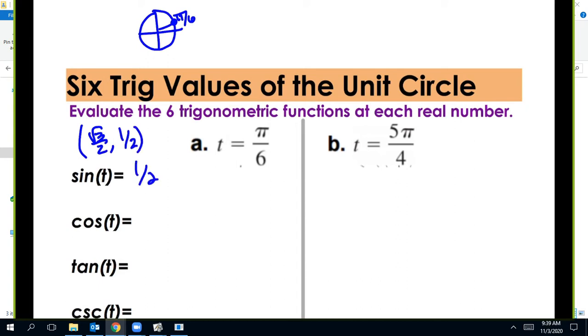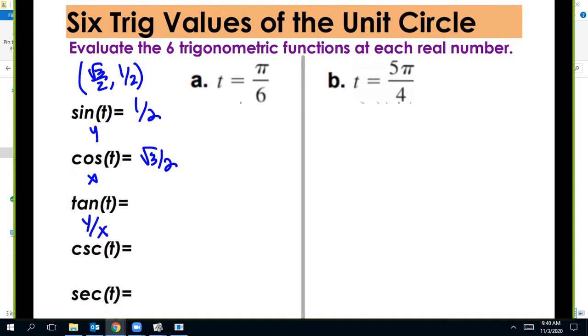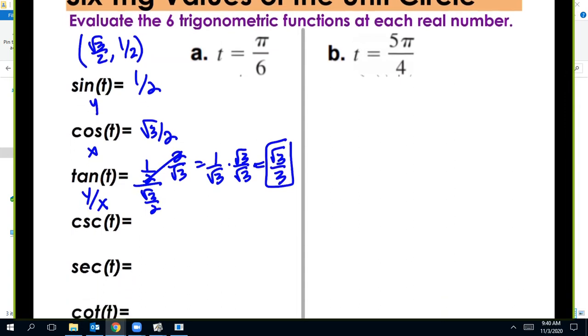Sine is y, cosine is x, tan is y over x. And so we'll fix that up and multiply by the reciprocal. We like to rationalize when there's a square root in the bottom. And so the tan is actually square root 3 over 3.